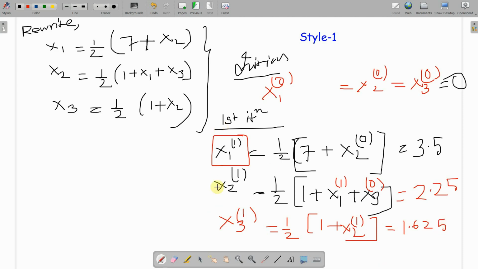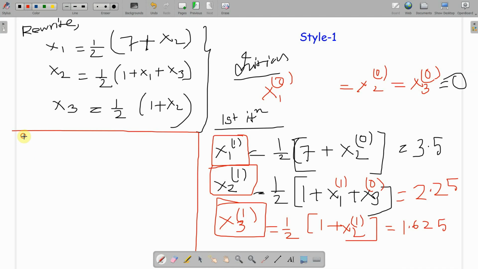So these are the results from your first iteration. Now I will be doing the second iteration, and I have to remember the time, because I'm not allowed to get extra time for this.